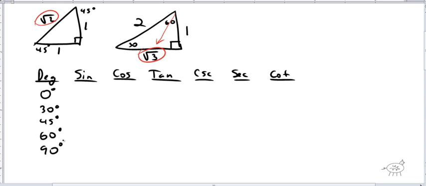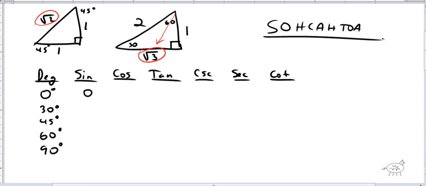Okay? All right, so sine of 0. Actually, the first row here and the last row, everybody should know, because that's just from the last chapter, 0 degrees and 90 degrees. So sine of 0 degrees, you guys should all put 0 down there. Sine of 30. Now we're going to use SOHCAHTOA. Sine of 30, we'll go to the 30 degree triangle here.